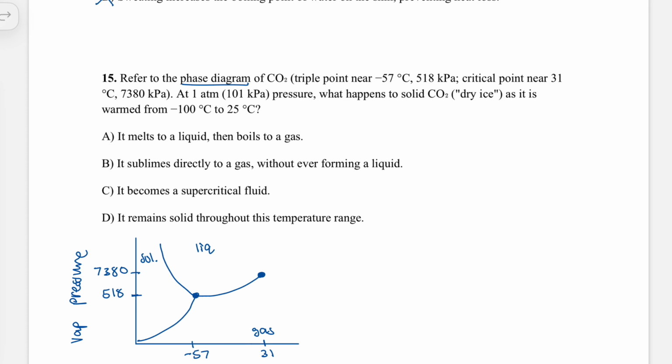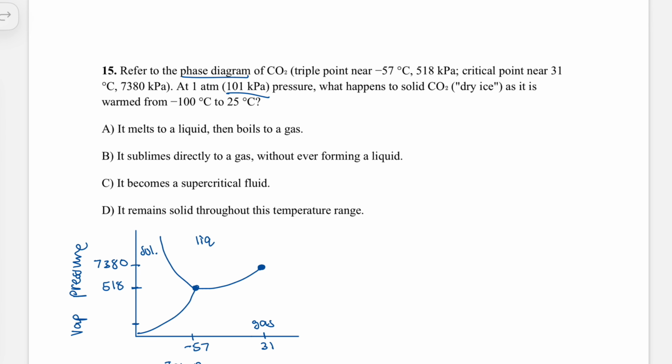They're asking at 101 kilopascals, which would be around here, what happens to solid CO2 as it is warmed from negative 100 to 25. So I'm going to put negative 100 around here, and then 25 would be around here. So at this pressure, it's being warmed from negative 100 to 25.